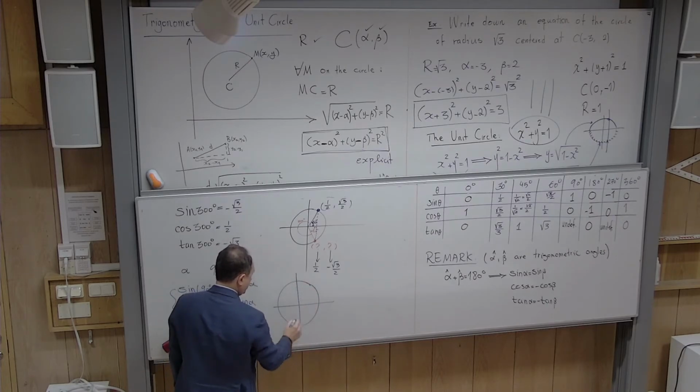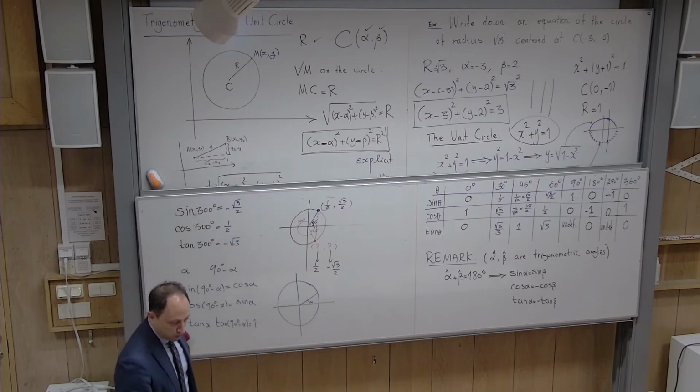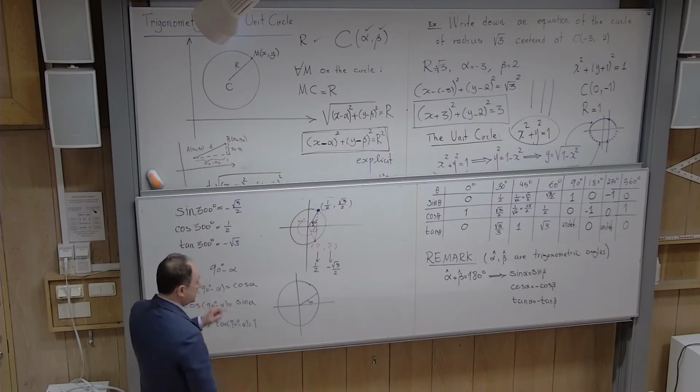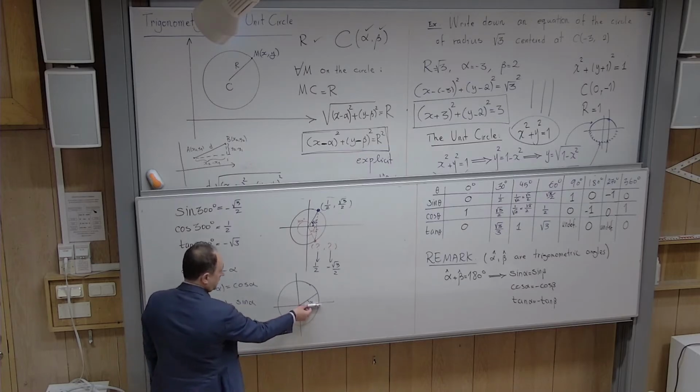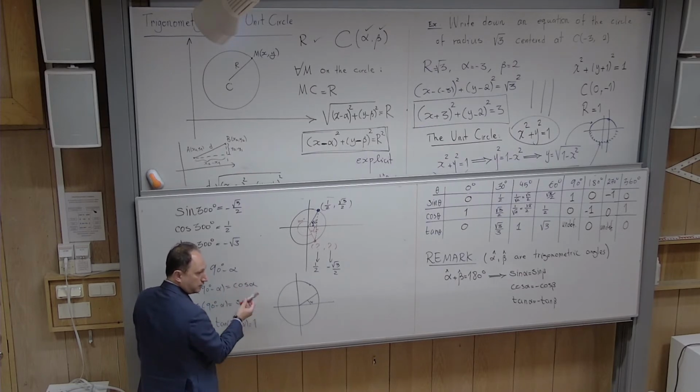You know, for example, assume that this is alpha. Where is 90 minus alpha? 90 minus alpha means that I have to rotate, but before reaching 90, I have to stop. How much before that? Alpha degrees before.